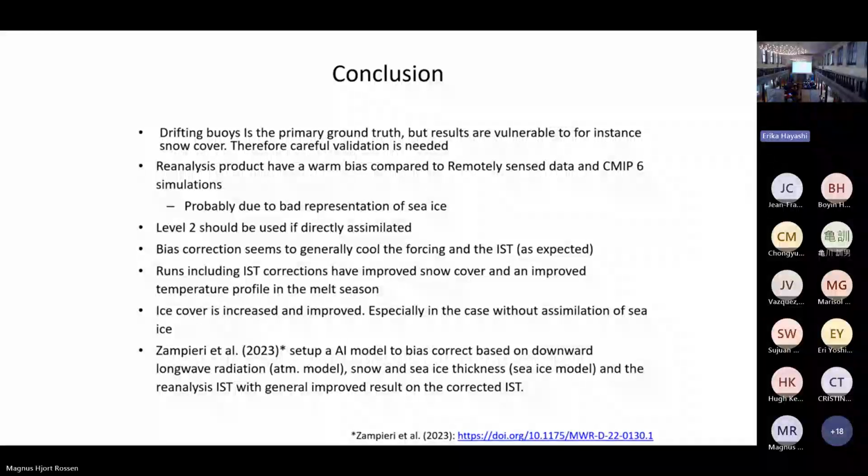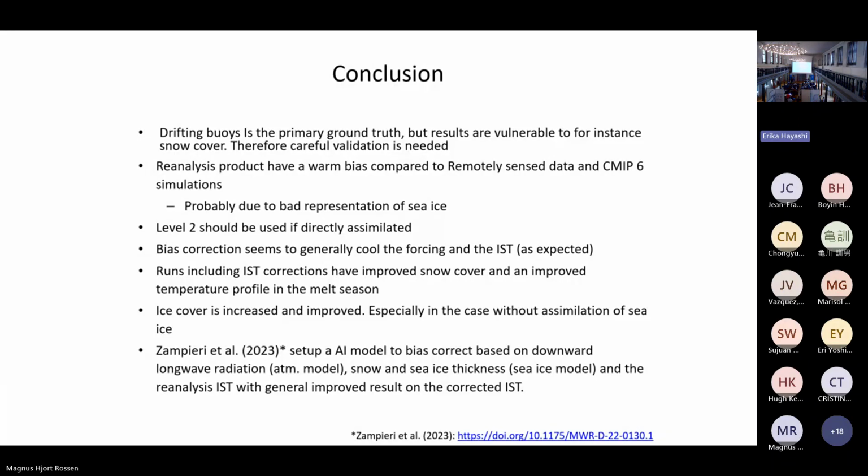And compared to that one buoy, the snow cover is improved in the end of the season. That's not necessarily a general feature, but at least here it improved the temperature profile. And then at last, Sankare et al. has done a study who used an AI model to do this bias correction, and he found that using the state of the ice, the longwave radiation, and the difference in temperatures would improve.